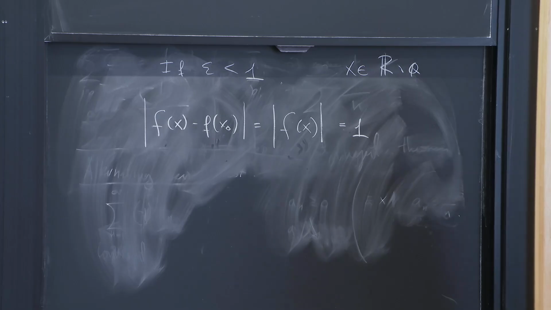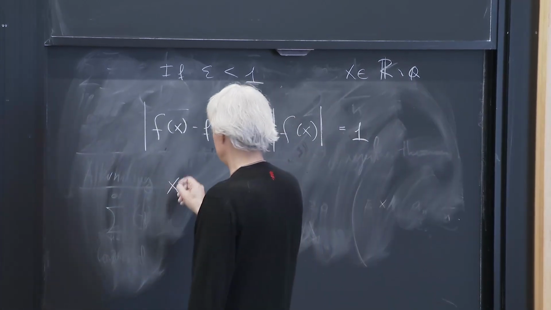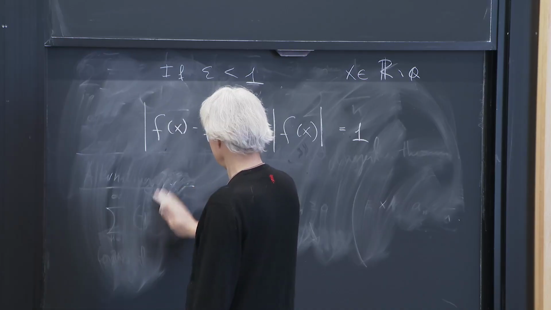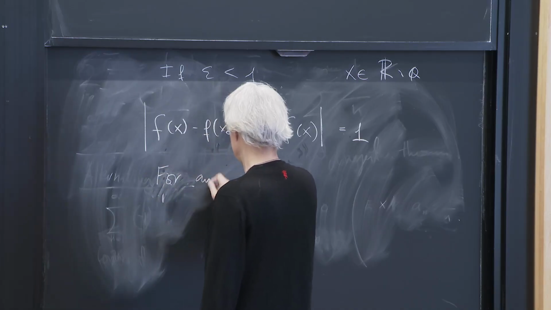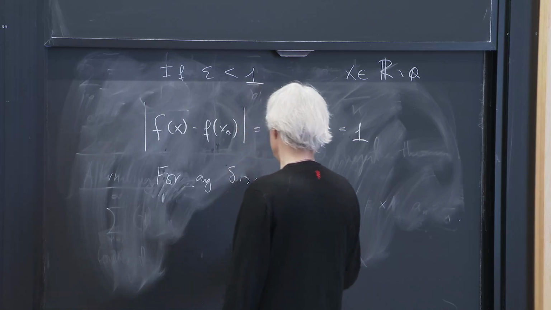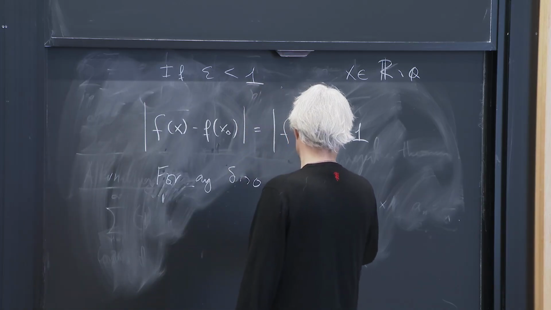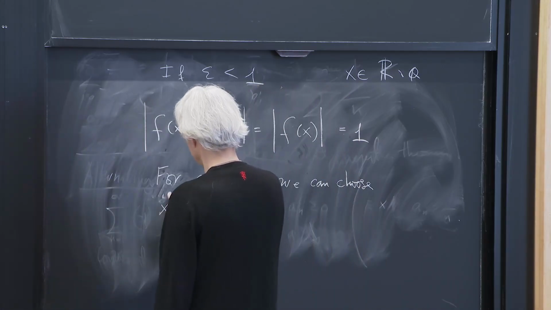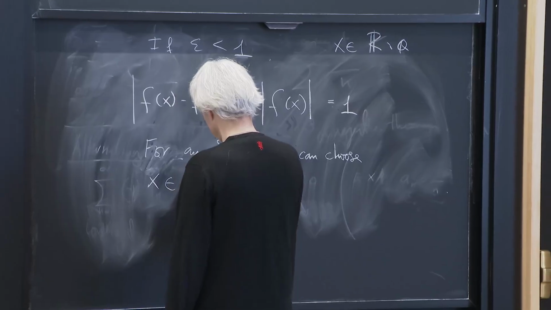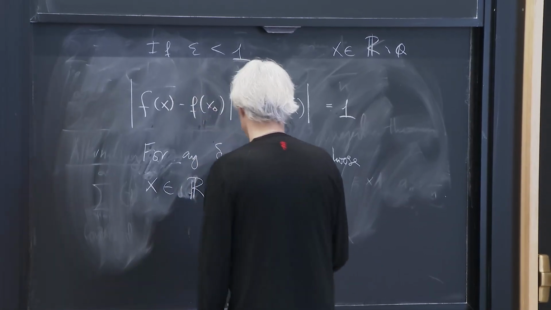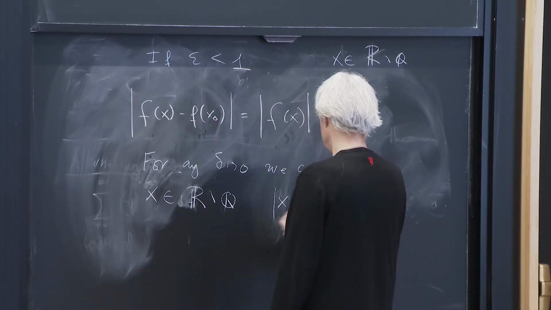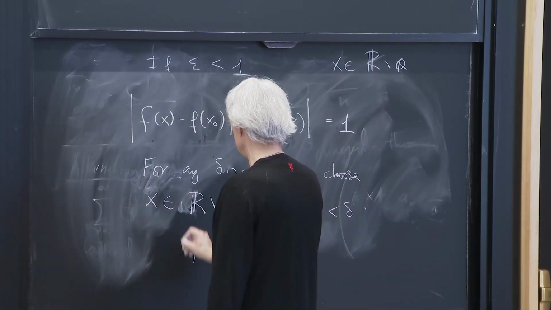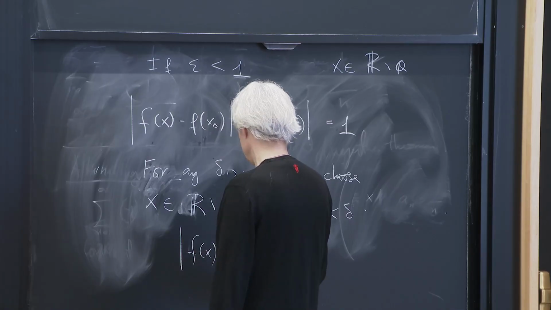So you would have that you can choose this irrational point. So for any delta, we can choose x, which is irrational, and so that x minus x0 is smaller than delta, but we have that f of x here is actually equal to 1.